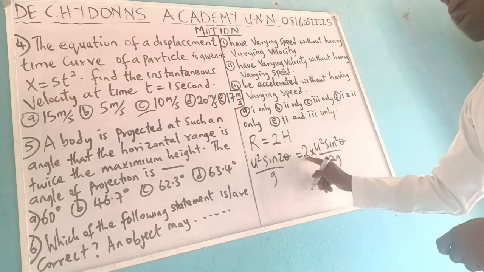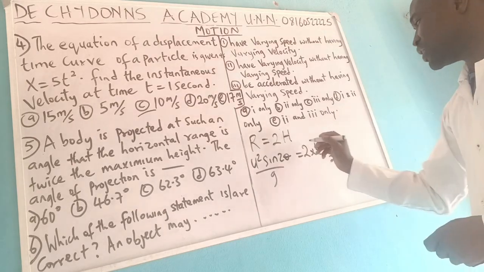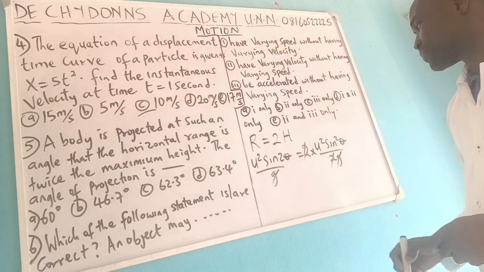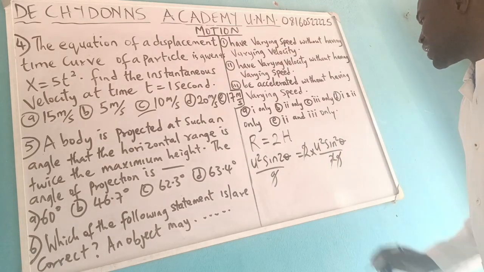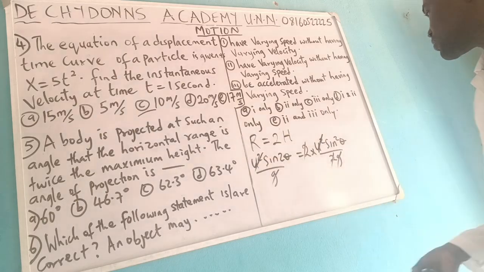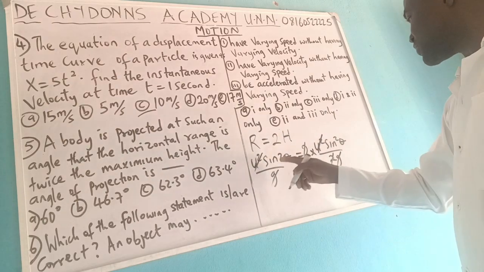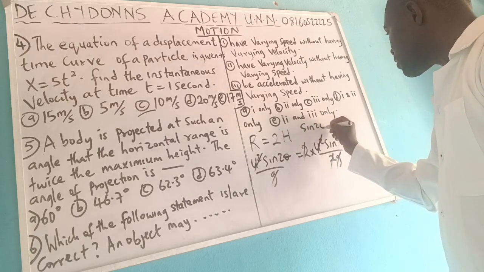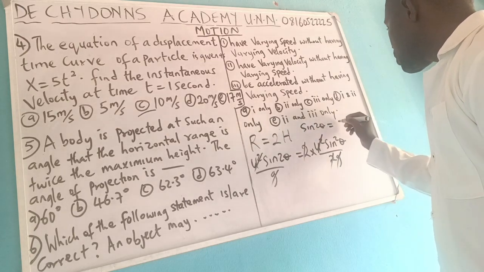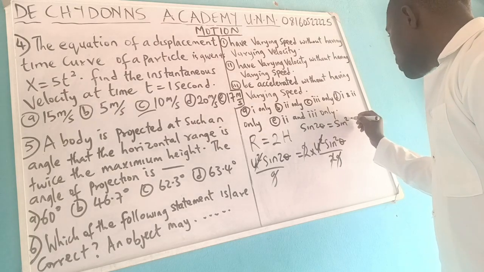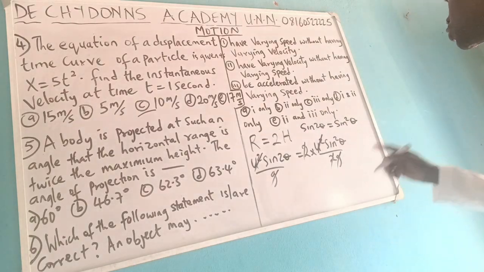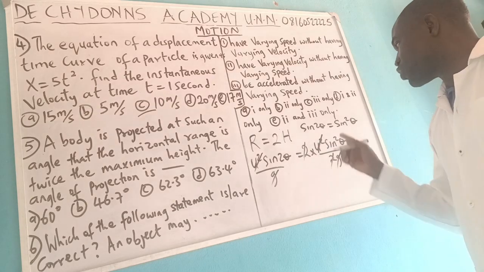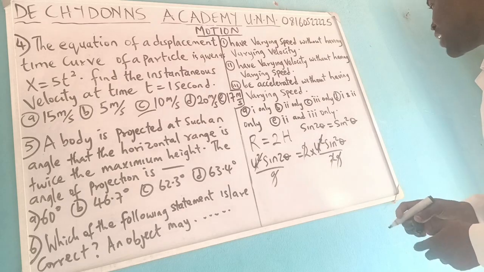This 2 is a constant multiplying H, so this 2 cancels the other 2, and u square cancels u square, and g cancels g. What is remaining is sine 2 theta equals sine square theta. We have to make theta the subject of the formula.